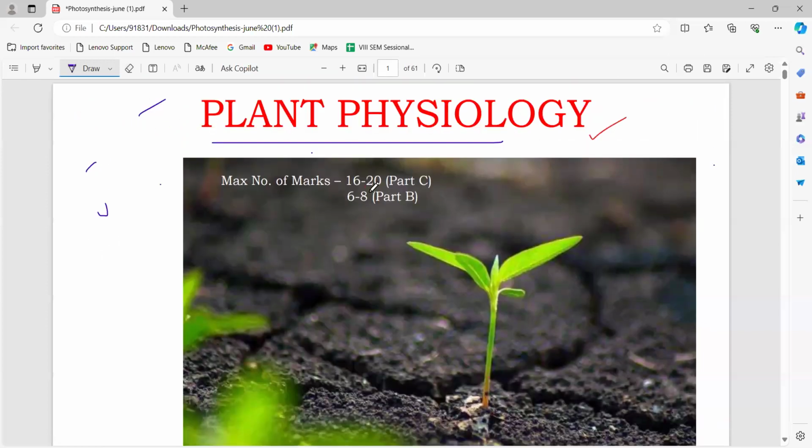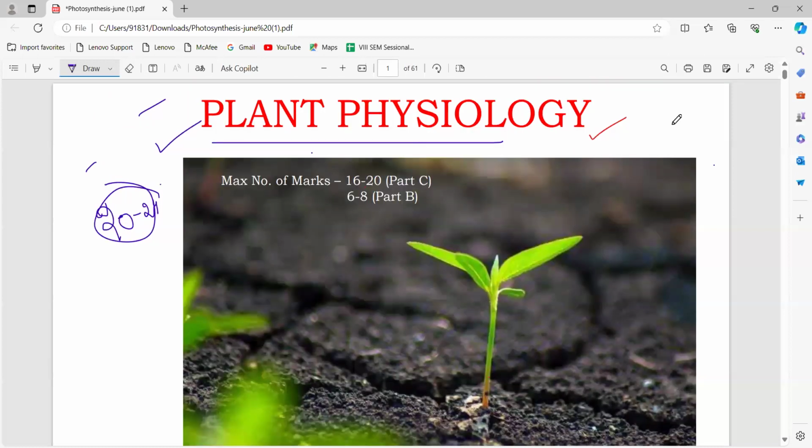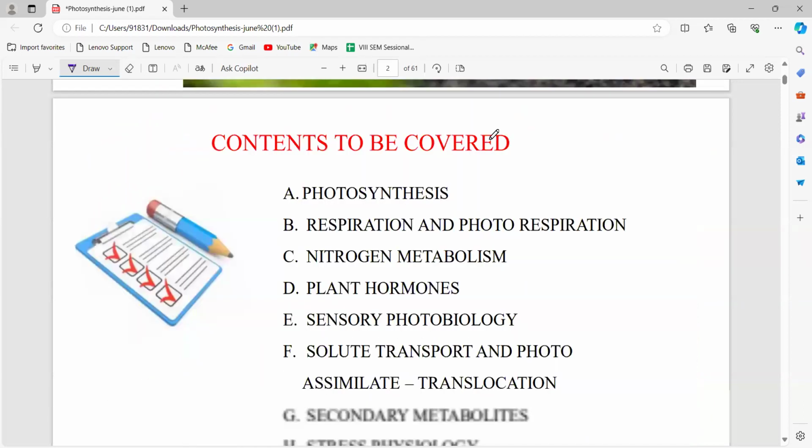Most of the time you can expect a minimum of 20 to 24 marks very surely from the chapter of plant physiology. That's the reason we should not neglect it, even though you're from a zoology background or a biotechnology background. Especially microbiology people will feel plant physiology is one of the difficult units. So it doesn't matter what your specialization is, friends, you have to read this particular unit compulsorily without skipping it.